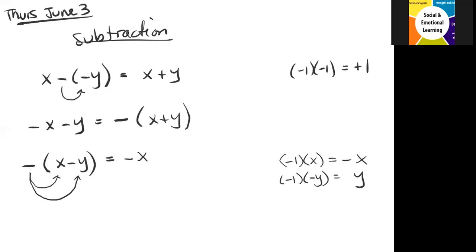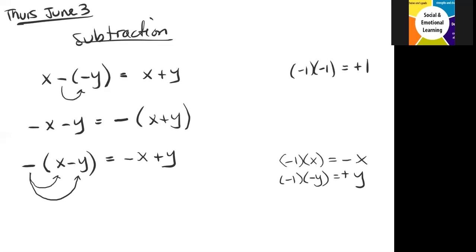Yeah, we're going to get positive y. We don't need to write the sign out, but we can write it out just to remember. So this is going to be negative x plus y. So when we have negatives outside of a bracket, we can just think about them as if we had a number out front of the bracket, which is -1.